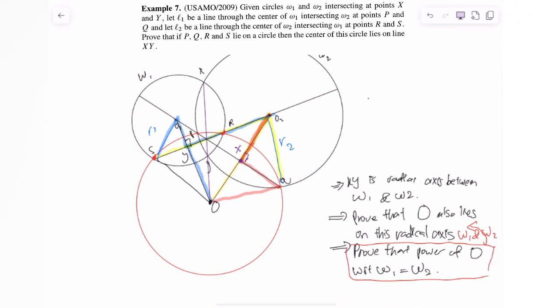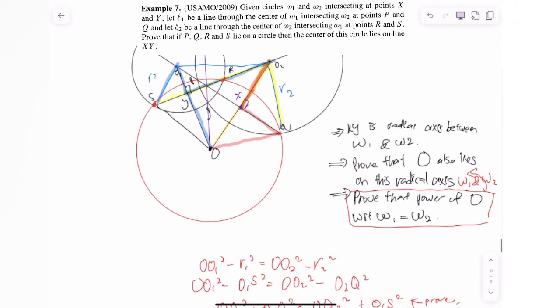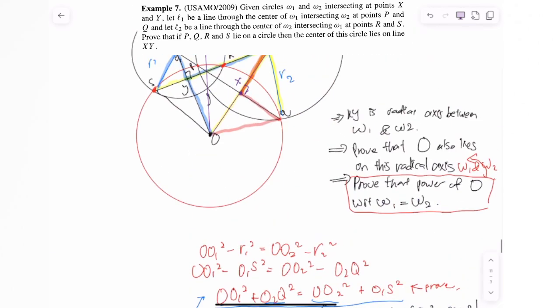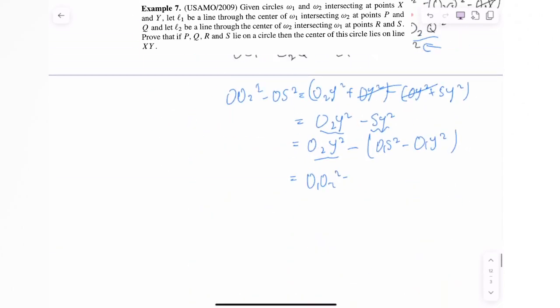Now we can consider this triangle to get rid of O2Y squared. So O2Y squared is O1O2 squared minus O1Y squared.